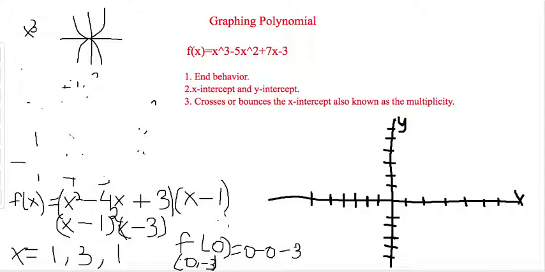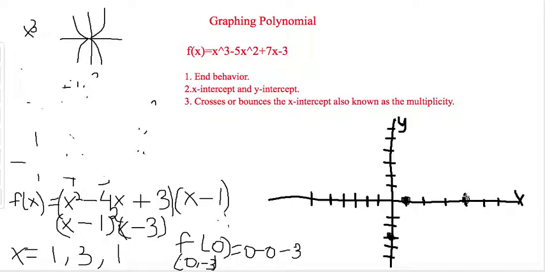So we know the end behavior, and we know our x and y intercepts. Now we'll just graph it. I will plot the y-intercept, so it's right around here. And then our x-intercept is here, 1, and positive 3 is right here.